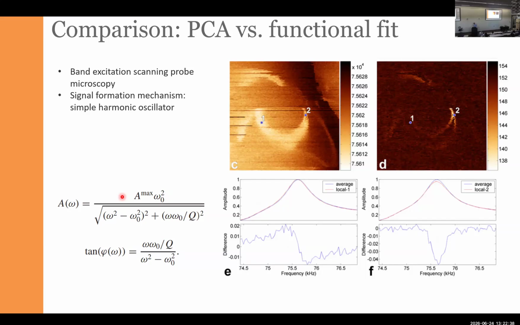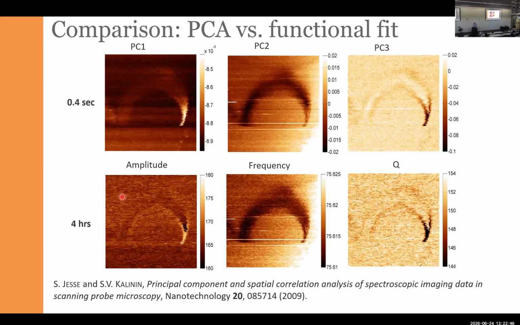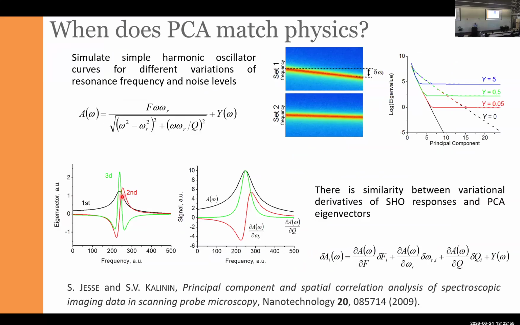As I mentioned, PCA generally does not have direct physical meaning. Only in a very few cases it is possible to analyze the data using the normal analysis method like functional fit and by PCA. And in these cases, sometimes it's possible to build a semi-quantitative relationship between the physical descriptors and the PCA components.